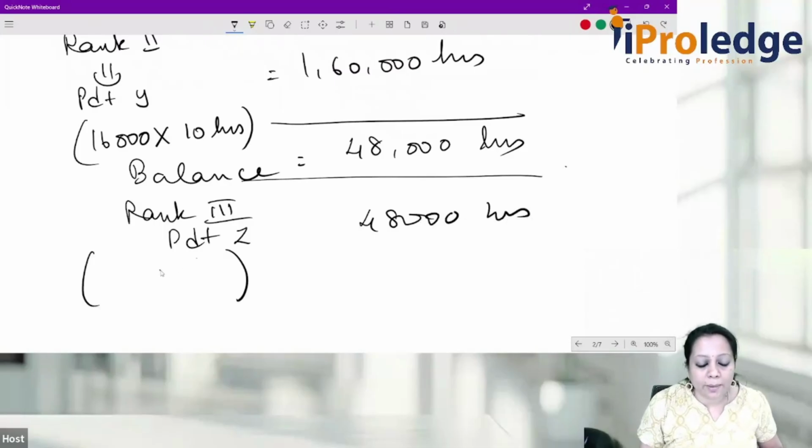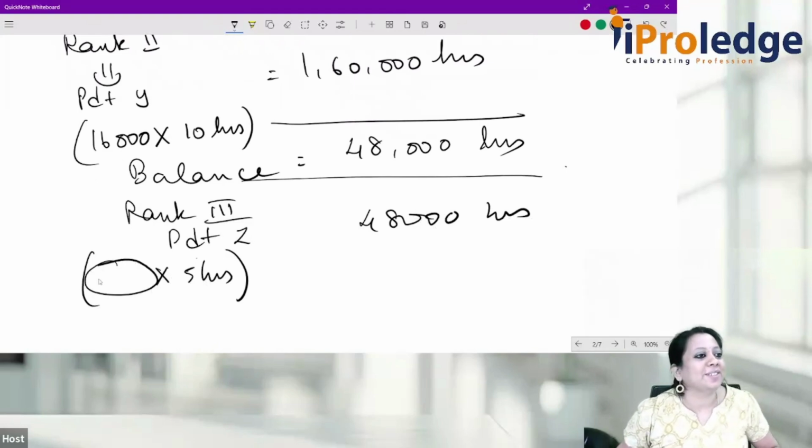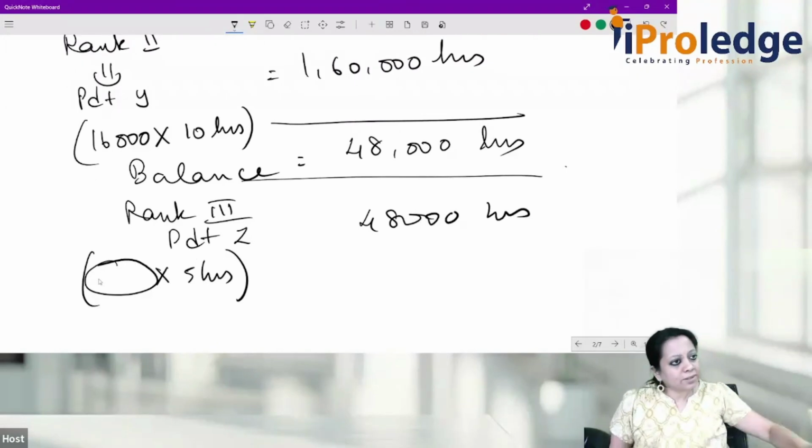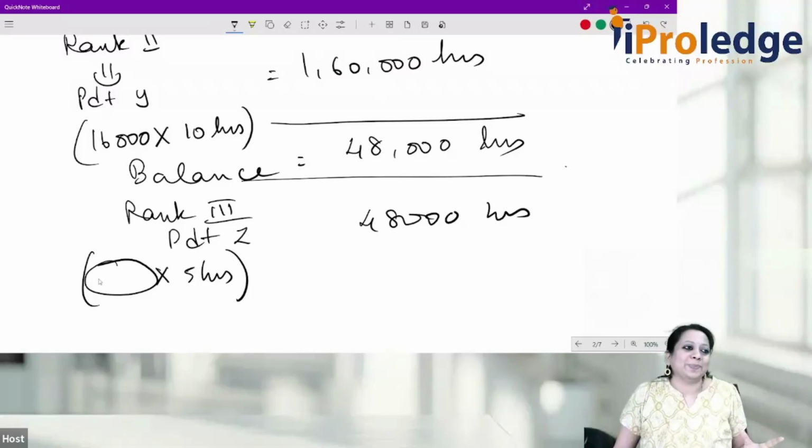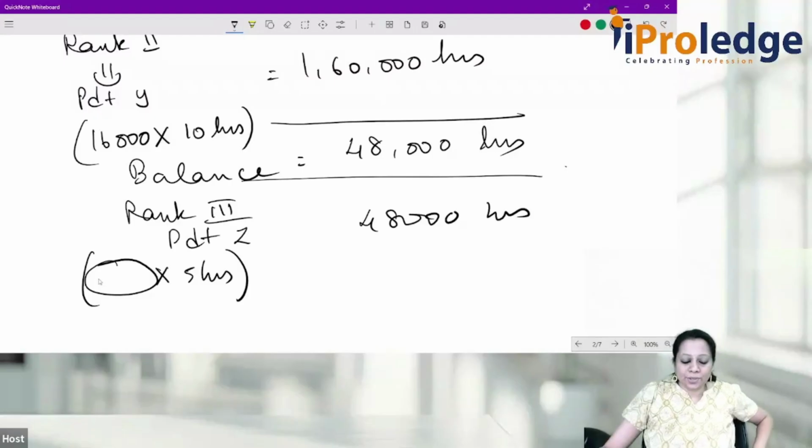How much is required for product Z? How many hours are required? 5 hours. Can you all see that, students? That means this is going to be a balancing figure. Because 48,000 hours only we can give for Z. Because of time constraint, you are the less profit making product, so I will give you the balance time that is available. That's all. Understood?